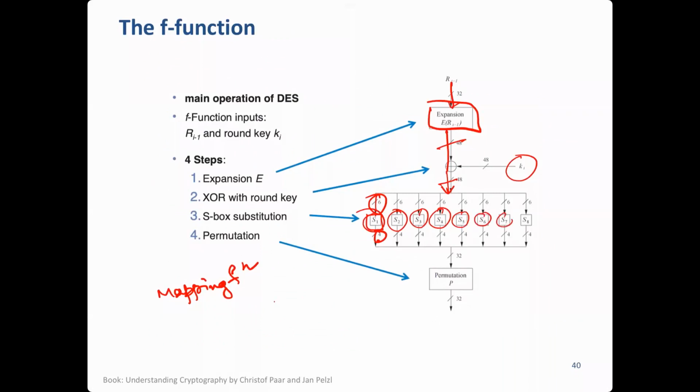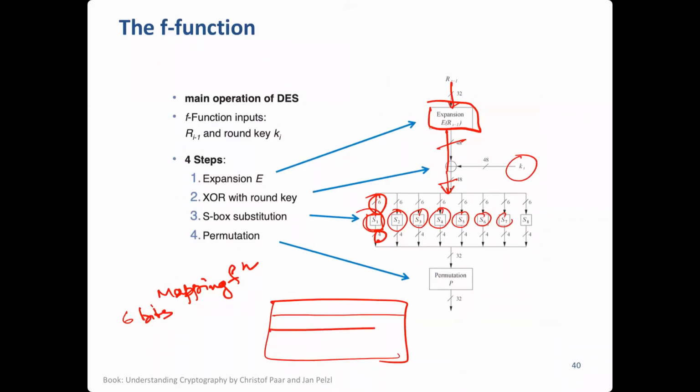We'll look at how the substitution function works, because we'll use this also in AES. So the idea is that you take these 6 bits, and then you create 4 rows and 16 columns. Take the 6 bits, say x0 to x5.